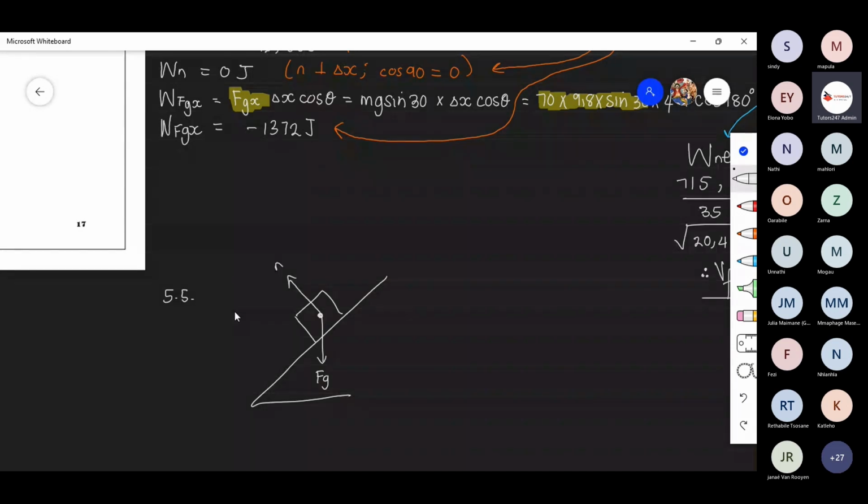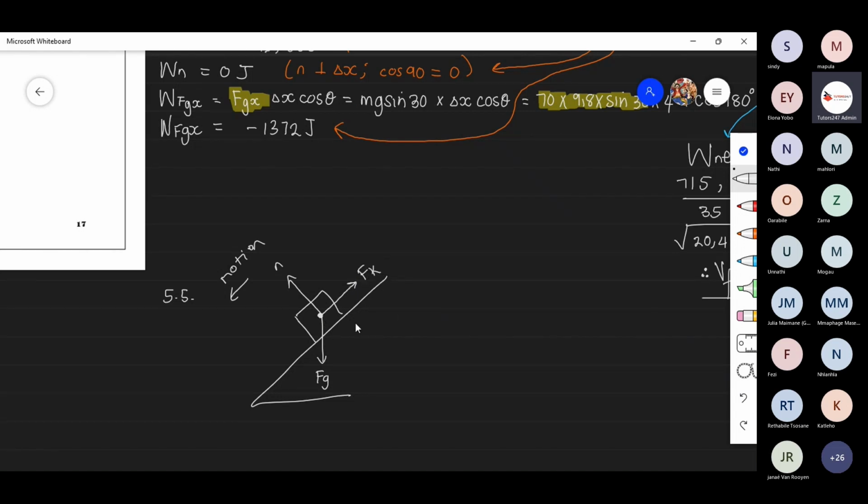We still have normal force acting perpendicular to the surface on which the object is moving. And now, because our object is moving down the incline, our frictional force is no longer acting down the incline, because keep in mind, frictional force acts in the opposite direction to motion. So because our object is moving down the incline, frictional force is now acting up the incline.